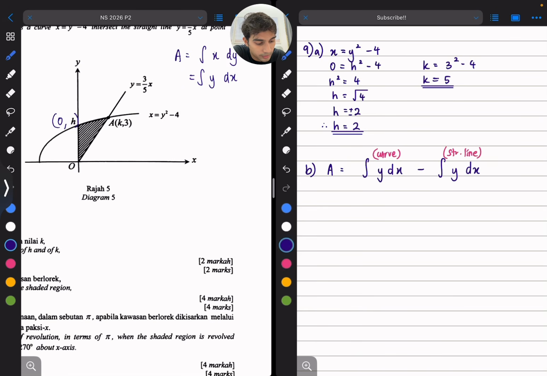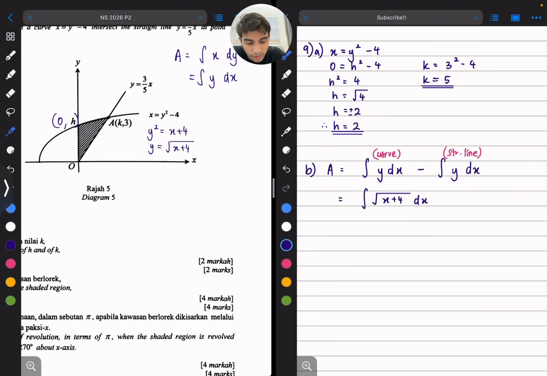The curve's equation is this, so we need to make y the subject. So y squared is x plus 4. y will be the square root of x plus 4. Square root of x plus 4 dx.